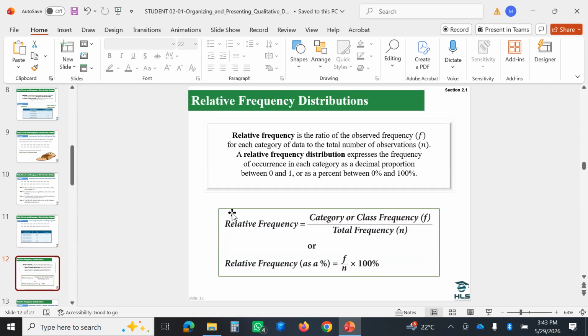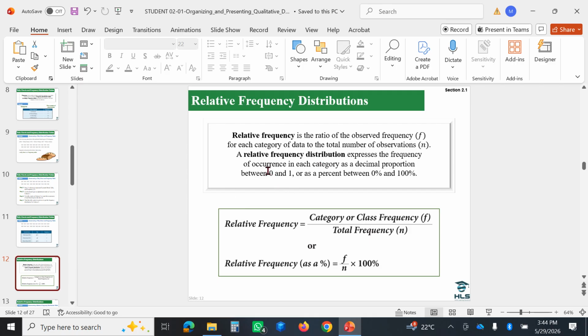Relative frequency is the ratio of the observed frequency for each category of data to the total number of observations, n. A relative frequency distribution expresses the frequency of occurrences in each category as a decimal proportion between 0 and 1, or as a percent between 0 and 100.